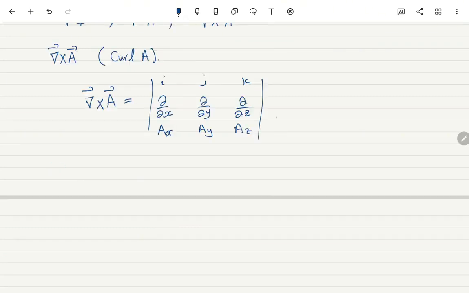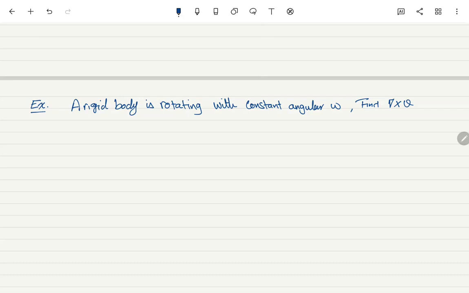Let's have an example. A rigid body is rotating with constant angular velocity, which is omega in this case. Find curl V. Now let's find V is equal to omega cross r, and let's open the determinant. I j k, omega x, omega y, omega z, x y z.